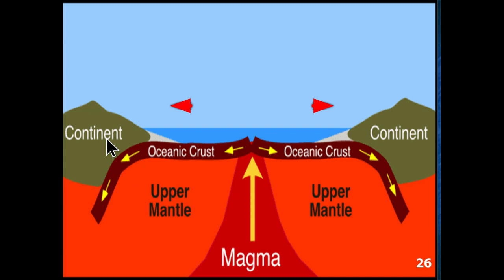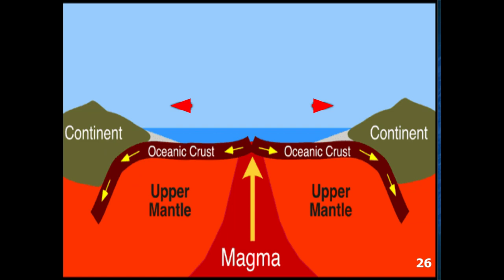The question we asked earlier is, why is the ocean floor so much younger than continental material? We indicated in part one of plate tectonics that the oldest rocks on the ocean floor are dated at about 165 million years, and yet the oldest rocks on continents are dated at about 4.6 billion years old. So there's quite an age discrepancy.